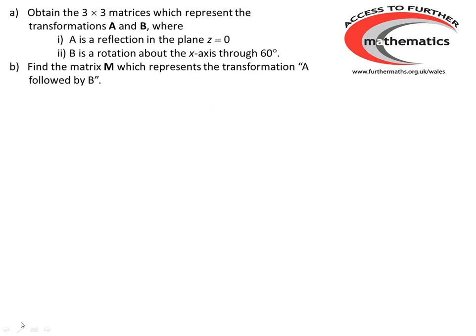Find the matrix M, which represents the transformation A followed by B. So the matrix M is going to be the matrix for transformation A, which is the first transformation, pre-multiplied by the matrix for B, which is the second transformation.